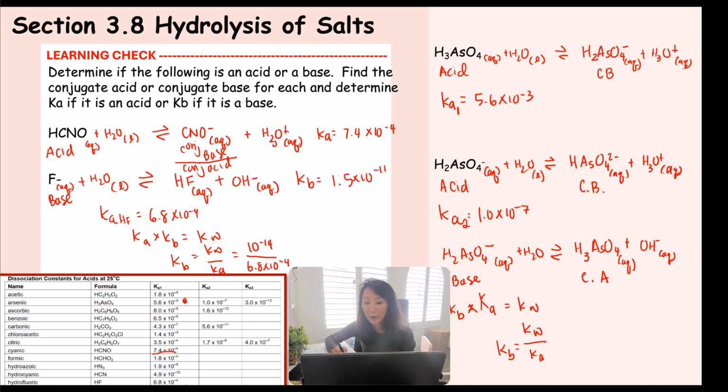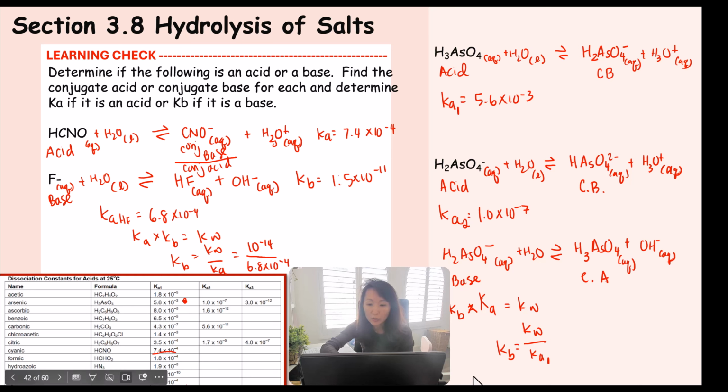You'll be using Ka1. So you're selecting the Ka of what it will become, because H3AsO4 is what you get if you were to take one hydrogen, so you're looking at that very first row right here. What it came from is this point here.